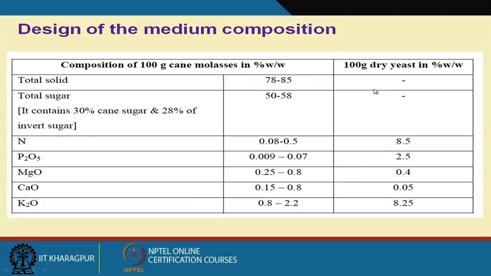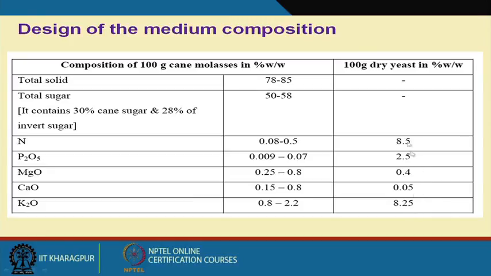But because yeast has to grow, we take the dry yeast and find out the elemental analysis of these yeast cells, and we find the yeast cells contain about 8.5% nitrogen, phosphorus 2.5% on dry basis, then magnesium oxide 0.4%, calcium oxide 0.05%, and K2O 8.25%.